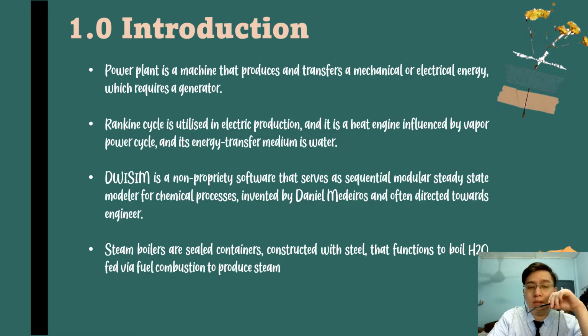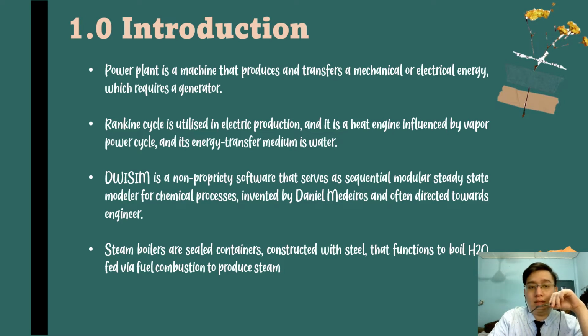The other one is steam boilers, which are sealed containers constructed with steel that function to boil water fed to them using fuel combustion in order to produce steam. What we're going to talk about in this report is the Yanggun Sdn Bhd power plant, which uses the Rankine cycle.